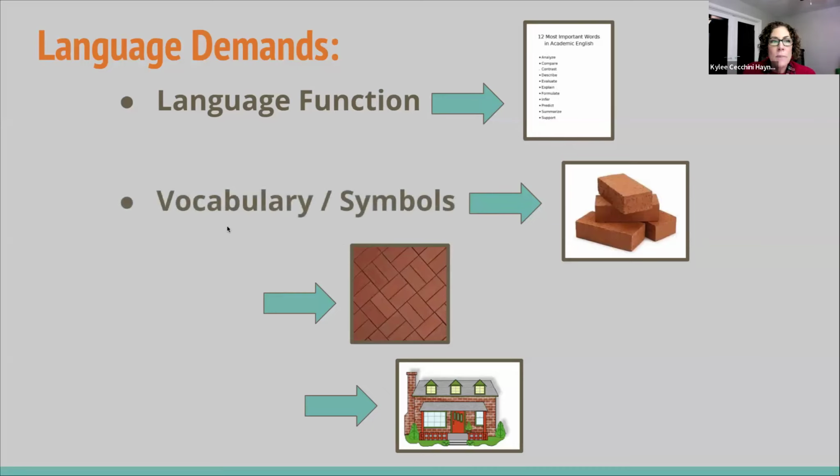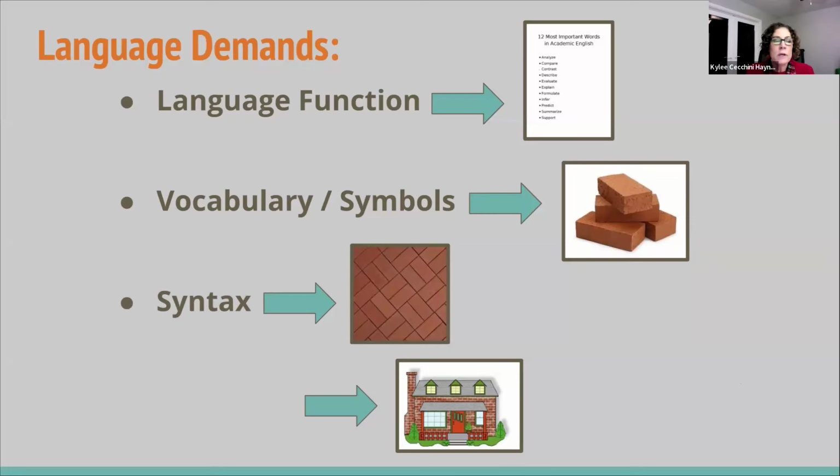This next language demand is vocabulary, or symbols in math. And I like to think of them as bricks. They are like individual words, right? A vocabulary word is like an individual brick. Then you have syntax. And syntax is the way that those words or bricks are organized.